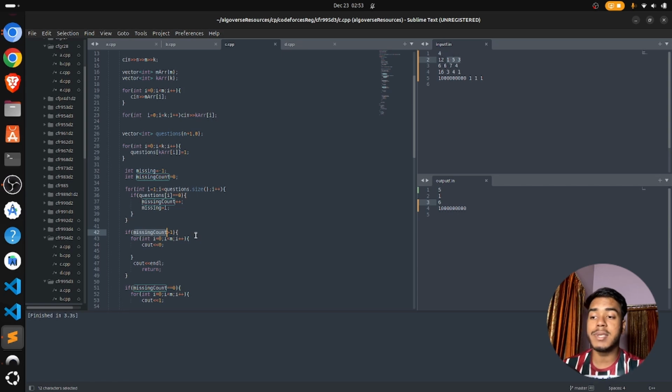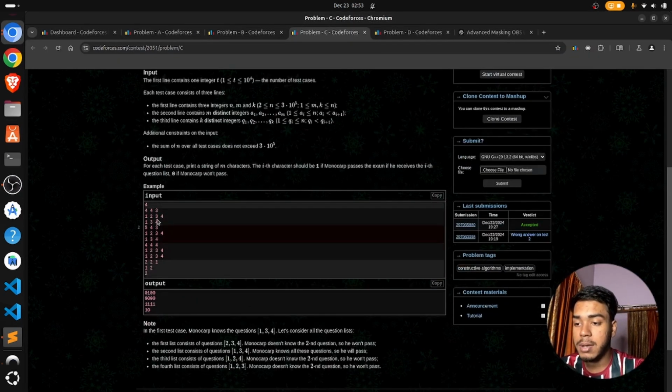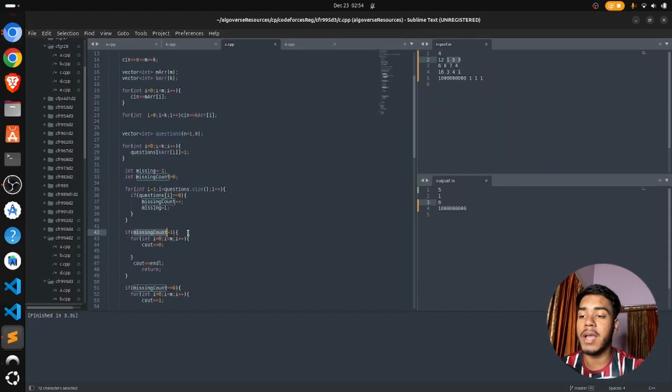If missing count is greater than 1, like in this example where k is 3, the total number of questions is 5 and you are given only 3, then the missing count here will be 2, which is not possible, as you have to know at least n minus 1 problems.